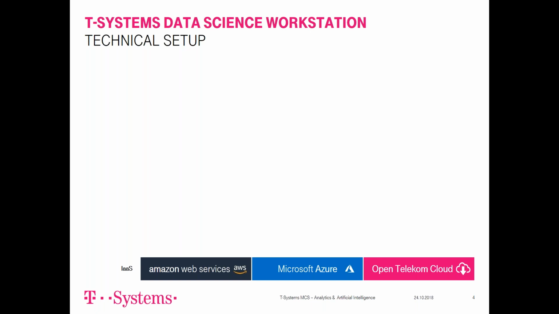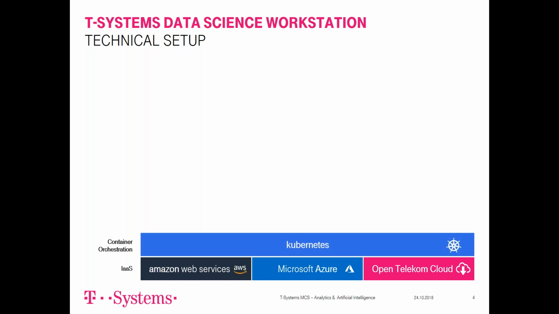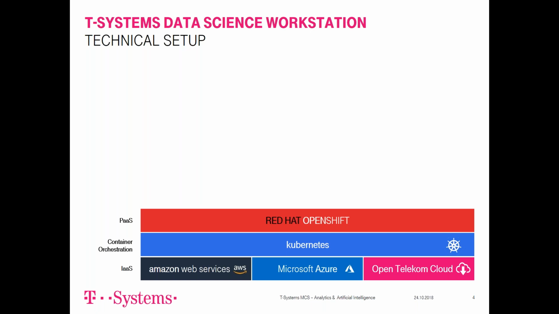And then if you have the resources, you need a kind of orchestration that can orchestrate these resources and put certain resources to certain applications. This is done by Kubernetes. And in the case of our platform as a service, we have to mention it in relation to Red Hat OpenShift, which our PaaS is based on, because Red Hat OpenShift uses Kubernetes implicitly to orchestrate Docker containers on the different infrastructures.